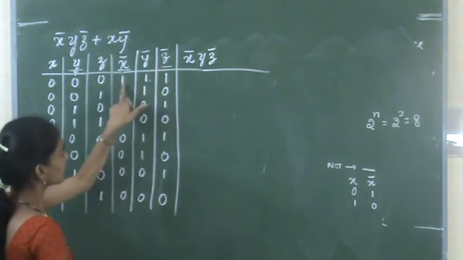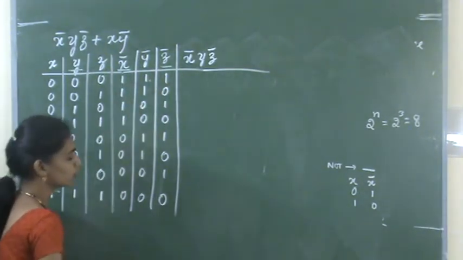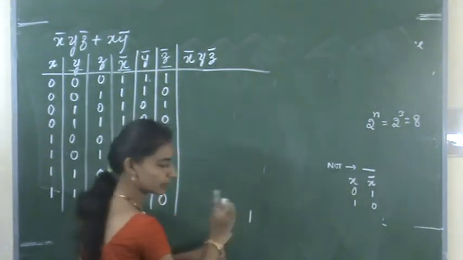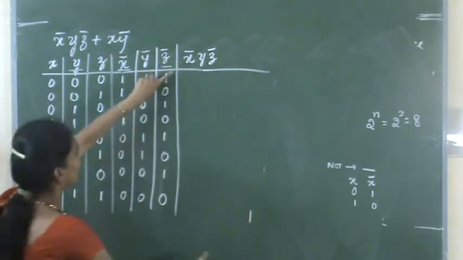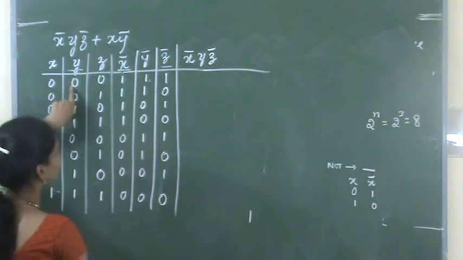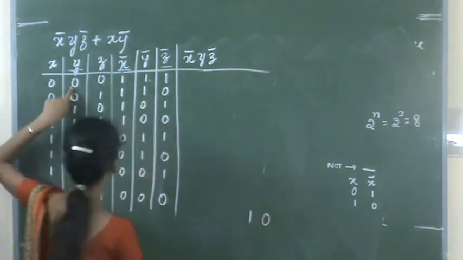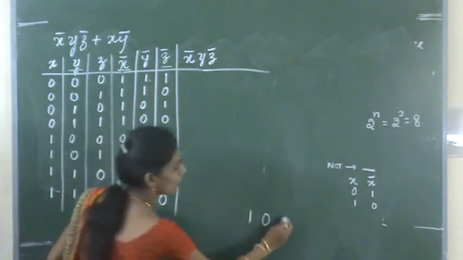If you are confused, I will write just one example: x bar is 1, then y is 0 and then z bar is 1.